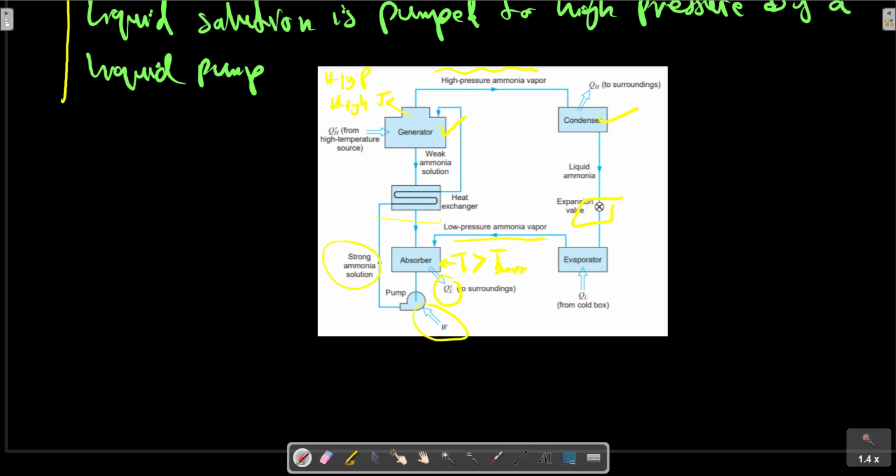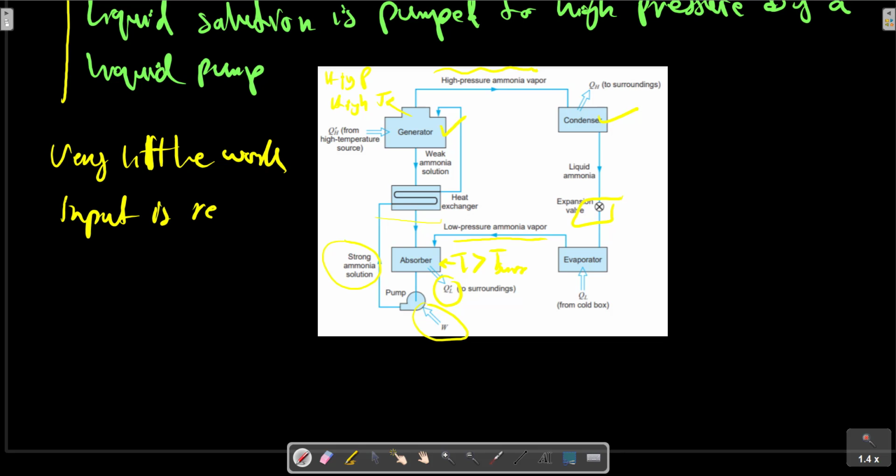The distinctive feature of the absorption system is that very little work input is required, because the pumping process involves a liquid.